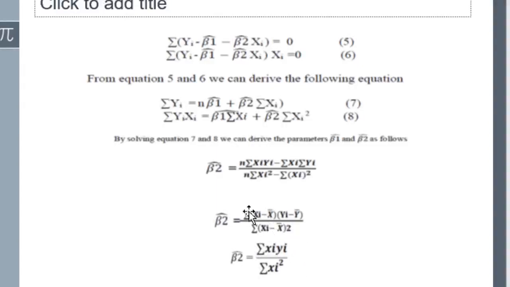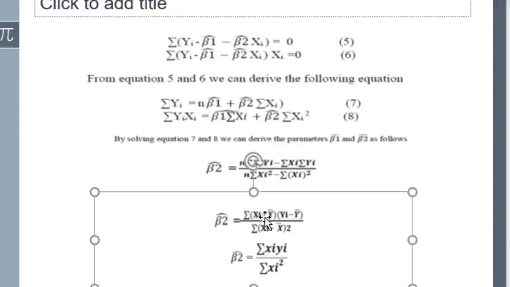And here also xi and yi are capital letters, that is, the deviations from their mean values, where y bar and x bar are the mean values of the dependent and independent variables.